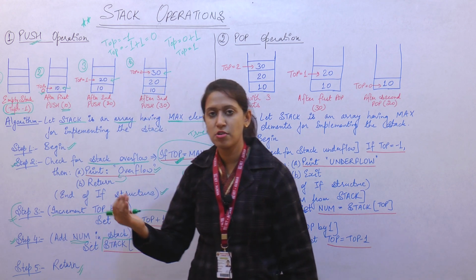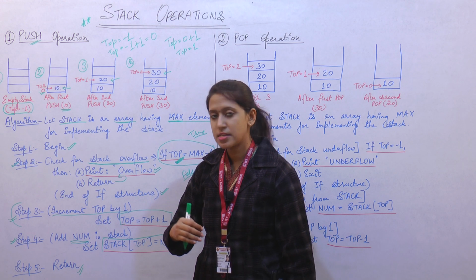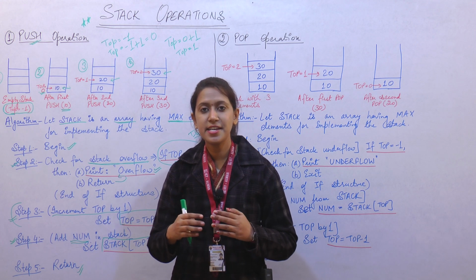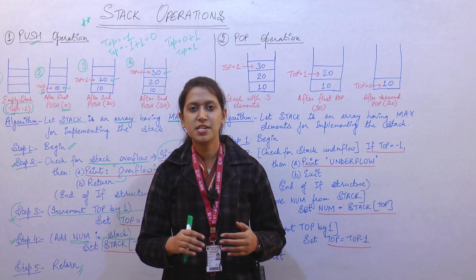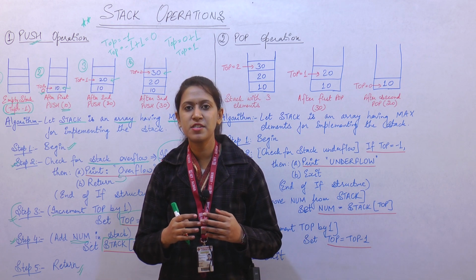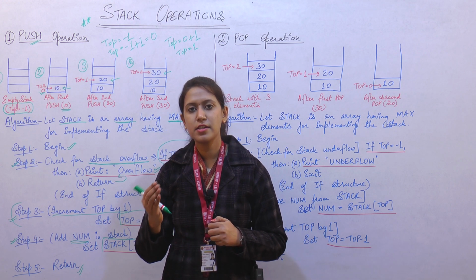That means in push operation we were inserting a new data element into the stack, but in pop operation we are deleting the already existing data elements from the stack. So for deleting, what we will do? In inserting we were checking for stack overflow.